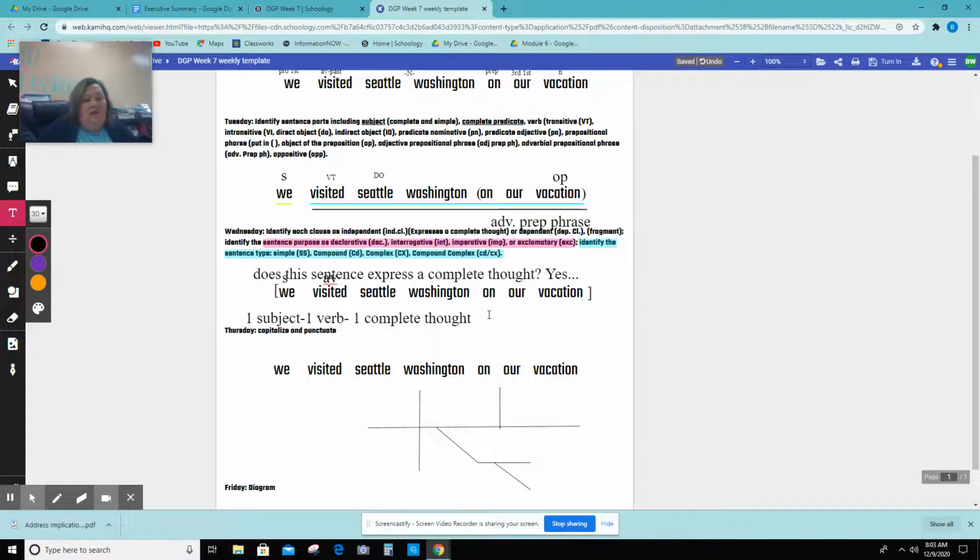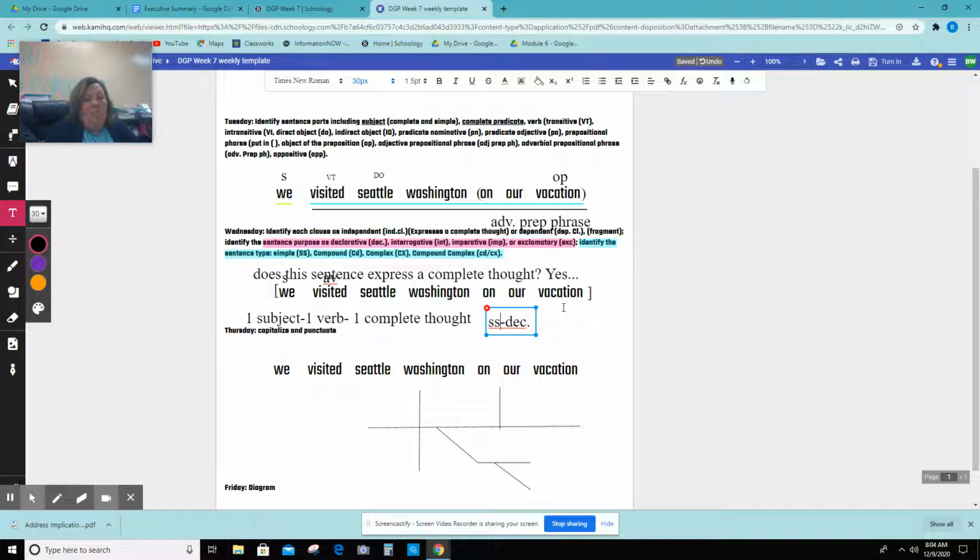Therefore, we have what type of sentence? Simple sentence. What is the purpose of this sentence? Declarative, to make a statement.